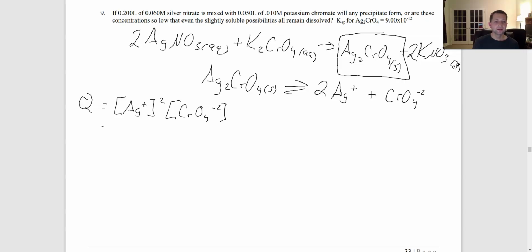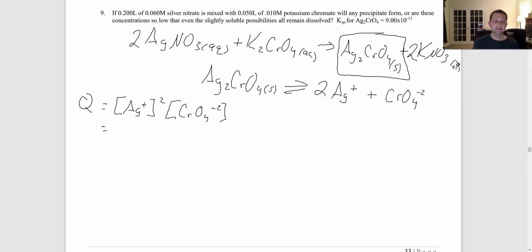All right, so what I need to do is figure out my concentration of silver ion from up here and my concentration of chromate ion. Now, the thing is, you took 0.2 liters of silver nitrate, 0.05 liters of potassium chromate, and mixed them together.